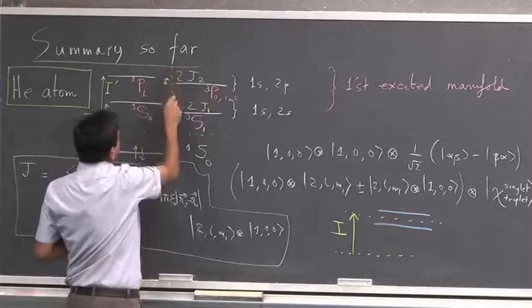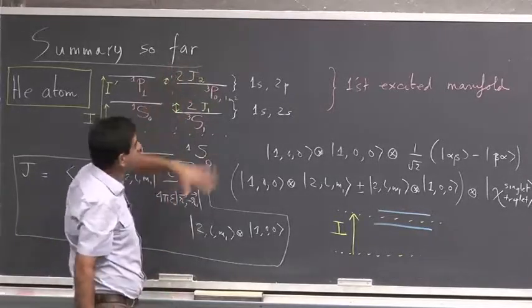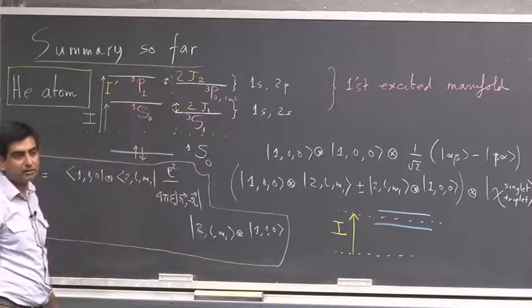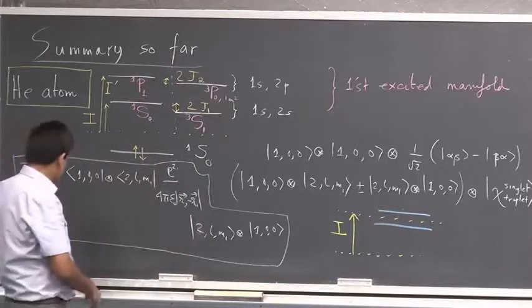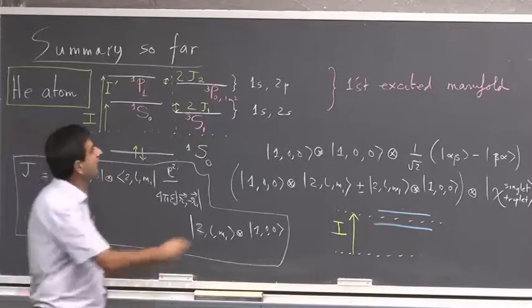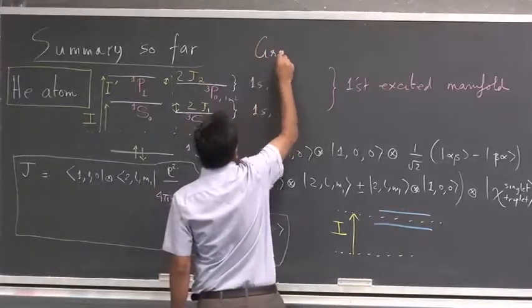So to the right of this dashed line, I've drawn the triplet states, and to the left I've drawn the singlet states. This kind of representing atomic levels, electronic levels, is called a Grotrian diagram.